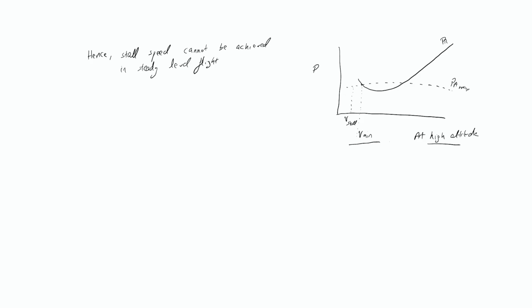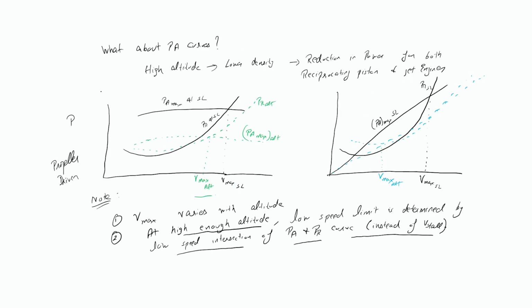And the final last point I'd like to mention here is the power available altitude curve for jet engines. Okay, so this was for jet engines. Power available curve for the jet engine.